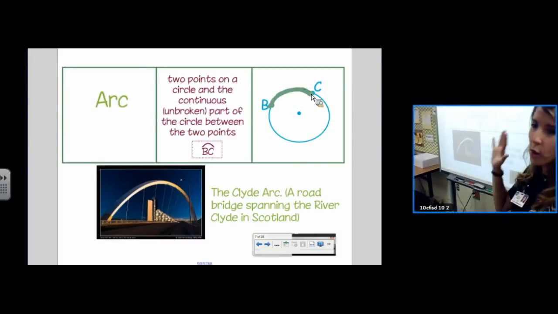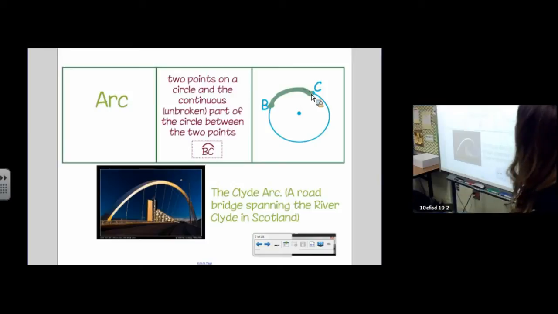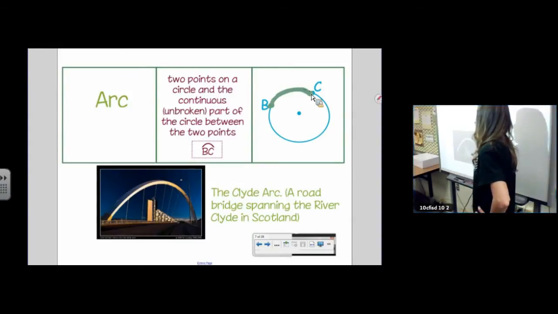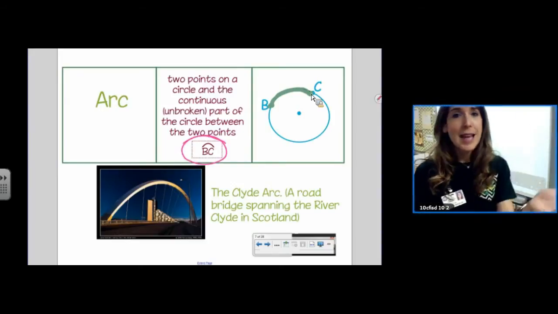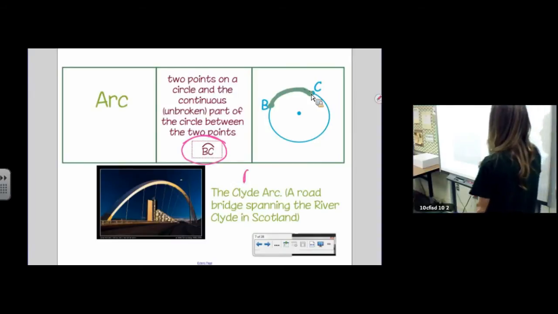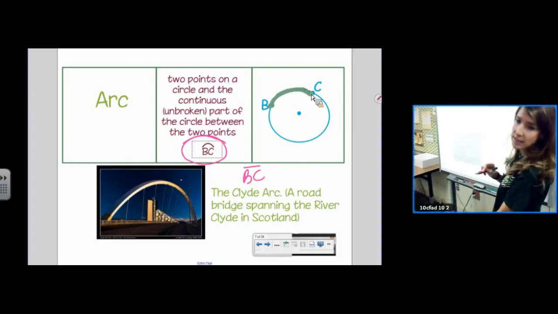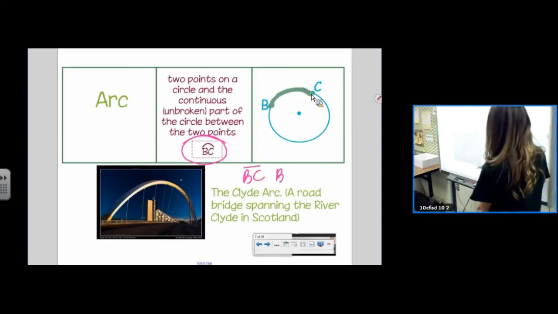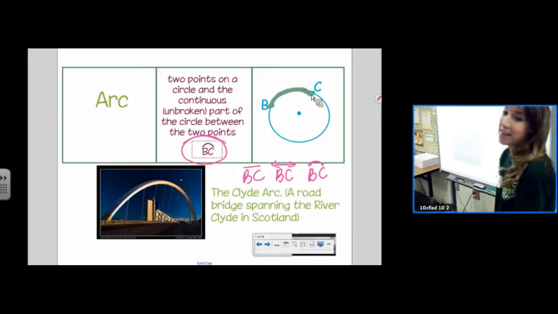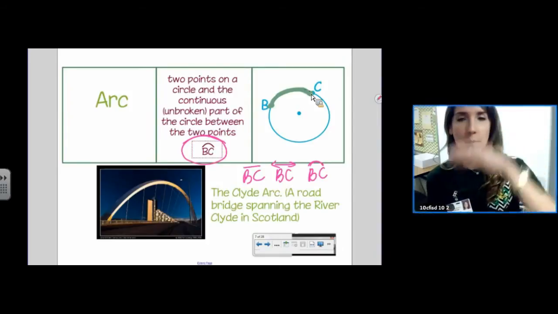Just a plain old arc. What's really important is the notation here. How do we name a segment different from an arc, right? So if I wrote this, that'd be segment BC. If I wrote this, that would be line BC. Now, new, if I write that, that is arc BC.